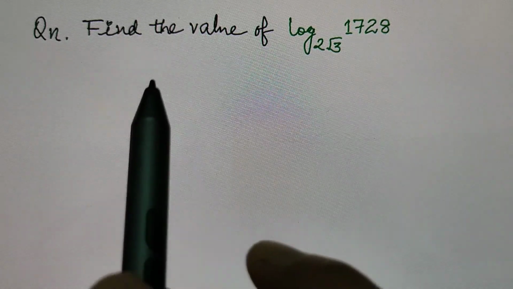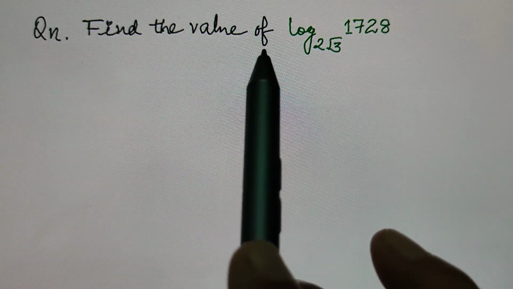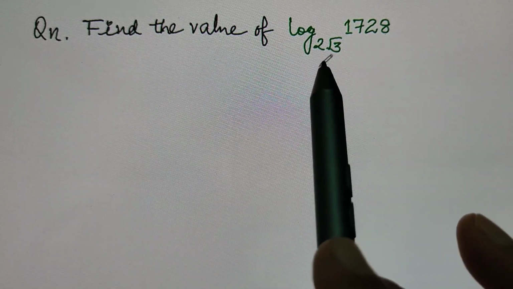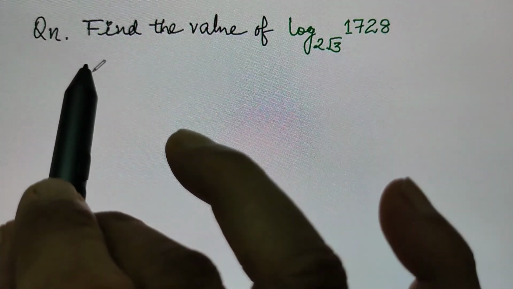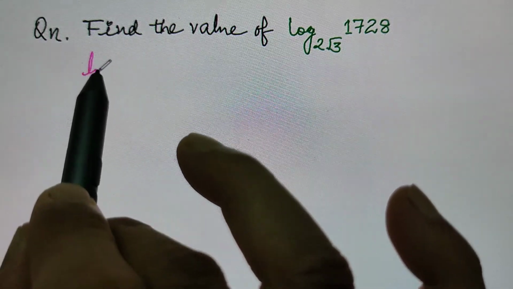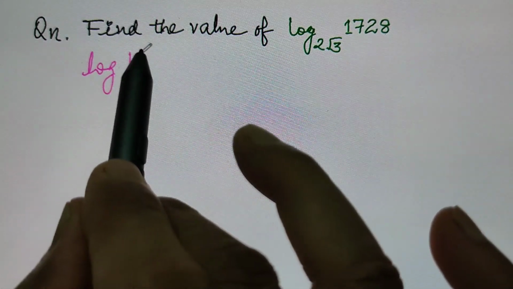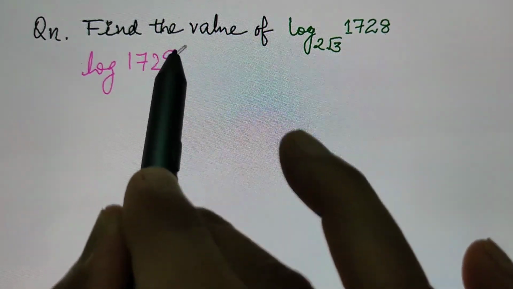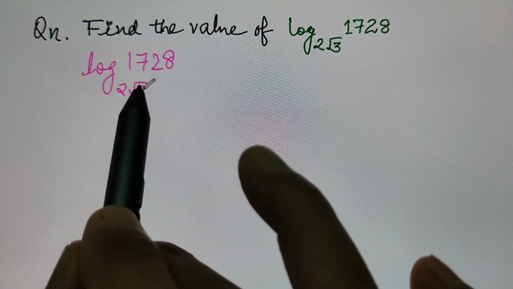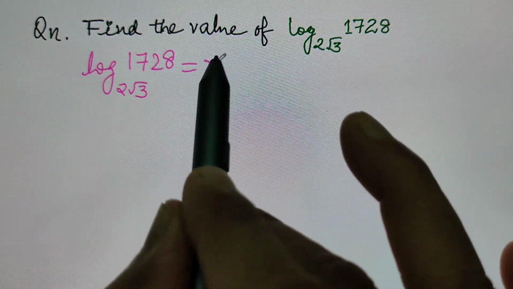Great. Let's look into the next question where we have to find the value of log of 1728 to the base 2 root 3. Now let log of 1728 to the base 2 root 3 be equal to x.